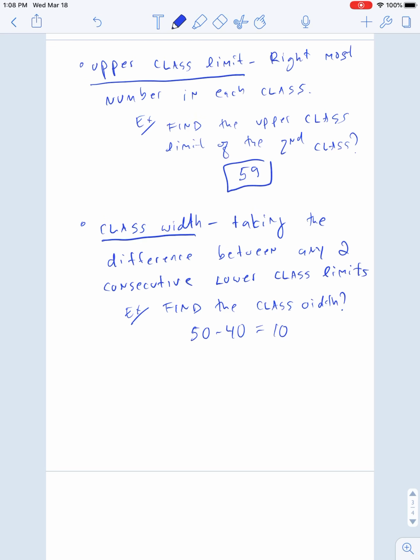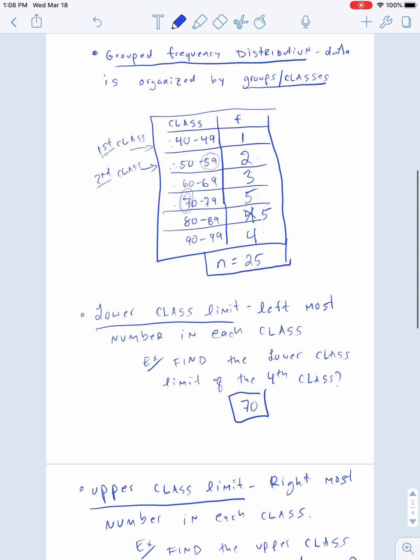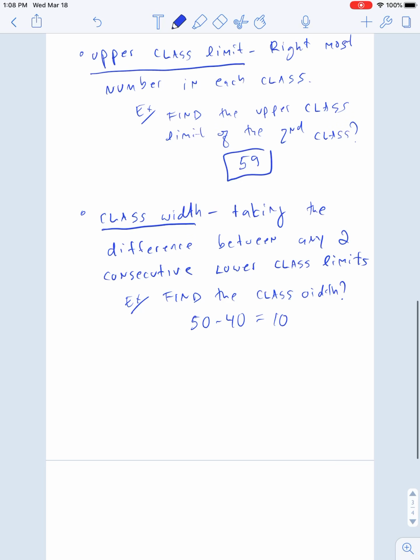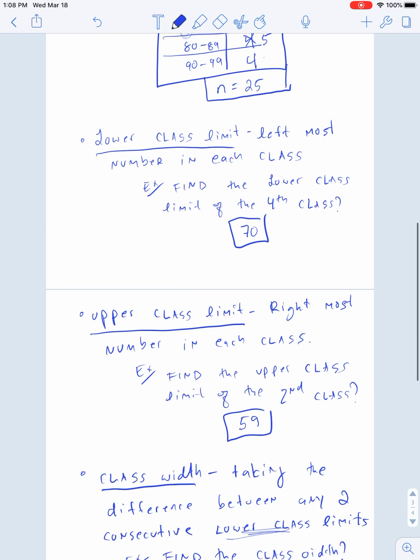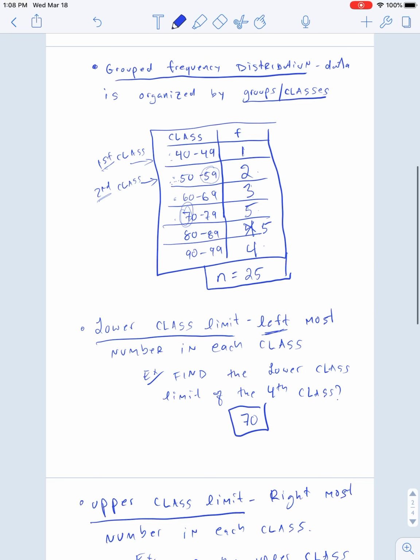That gives you 10. Or we can subtract the following two, 60 and 50, which gives you 10. Don't forget that the lower class limit was defined earlier as the leftmost numbers.